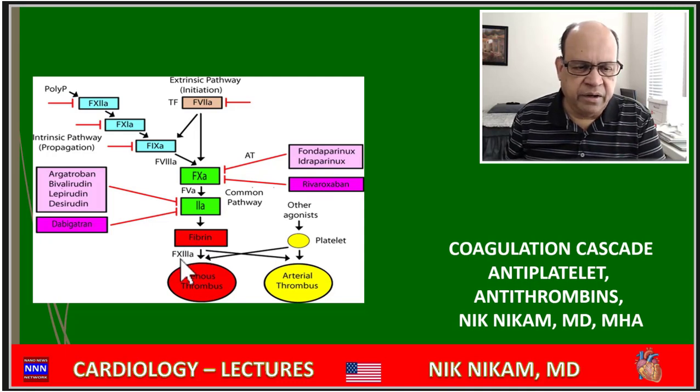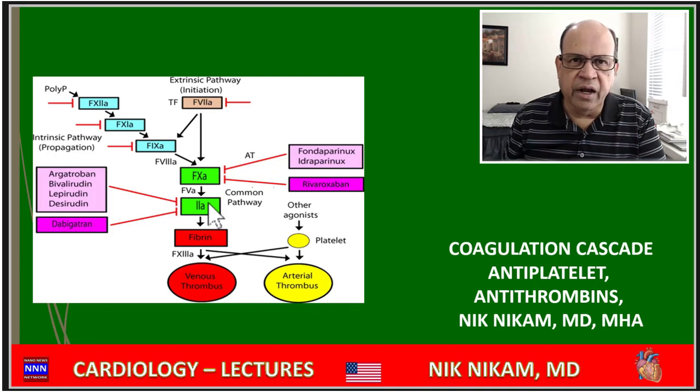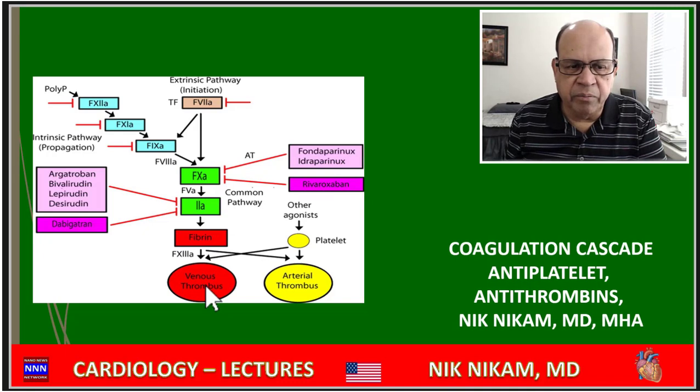After that, we have the fibrin threads which entangle the platelets to create a fresh arterial thrombus. The extrinsic pathway and the intrinsic pathway meet at factor 10, and beyond that they both have a common pathway.